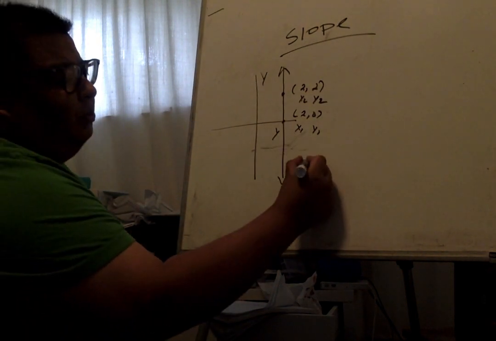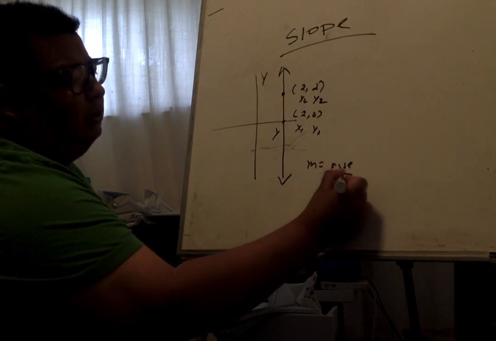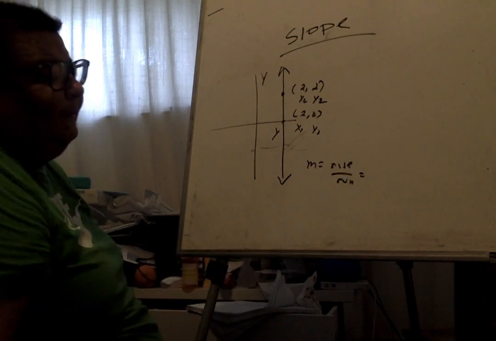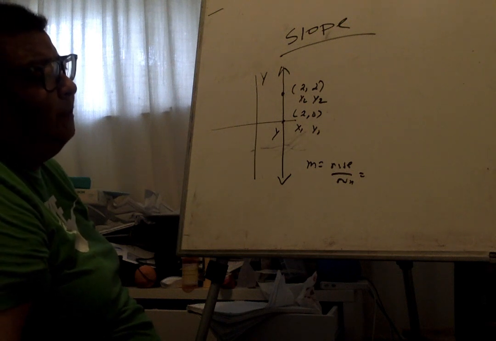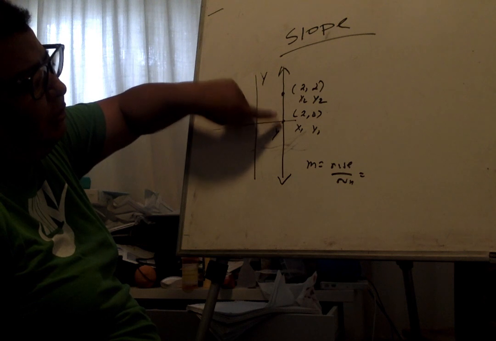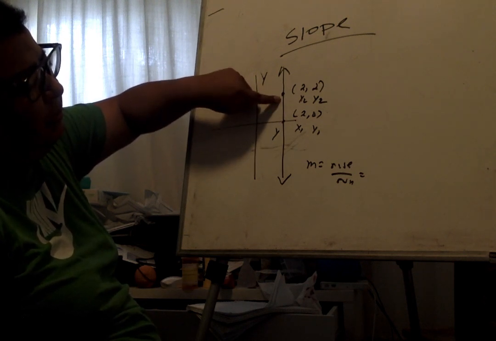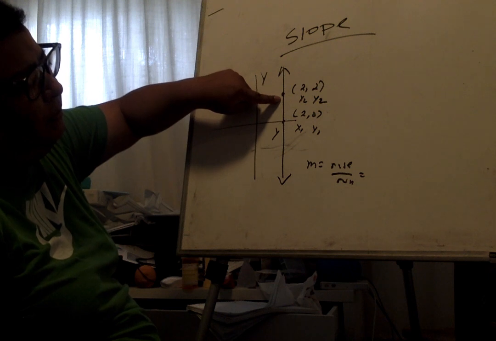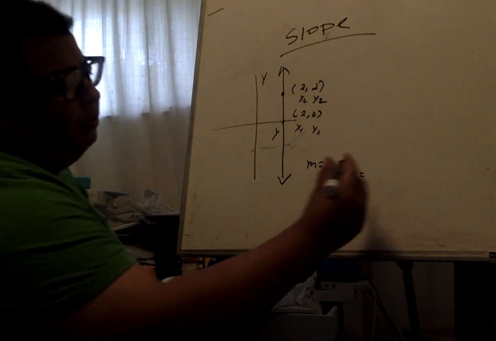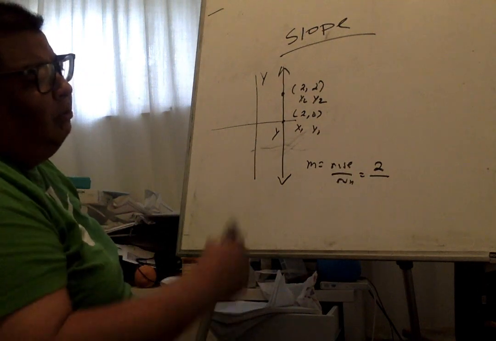Alright, so a slope is always going to be rise over the run for a line. Rise, we're going from here to here. So that means we're rising 2 units. But what about the run?